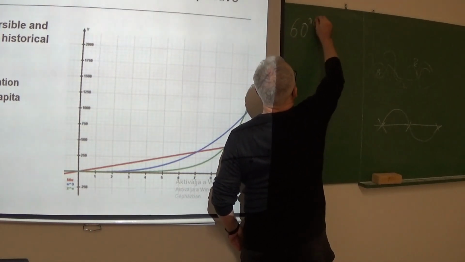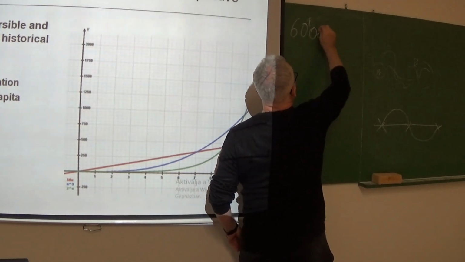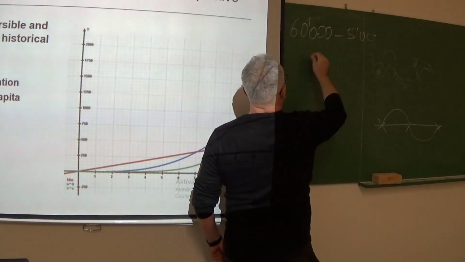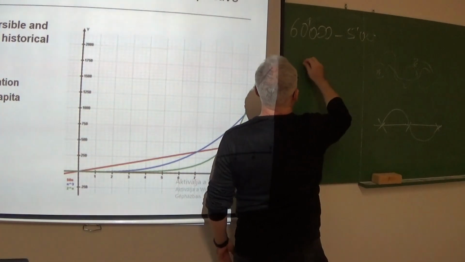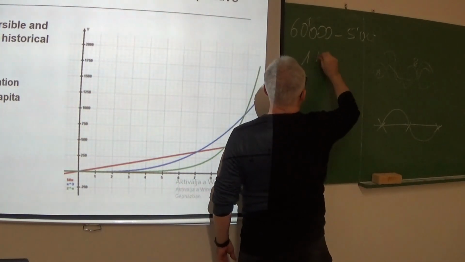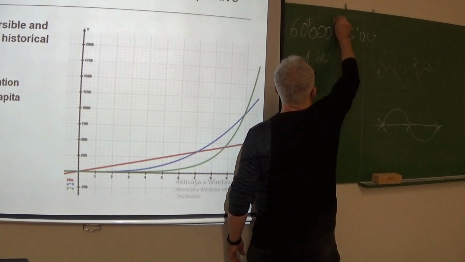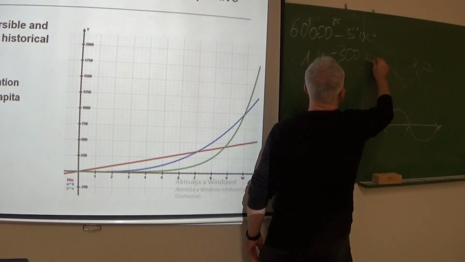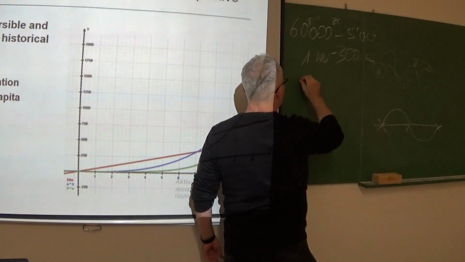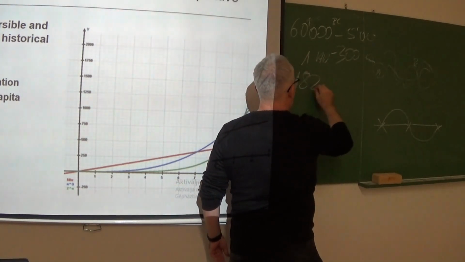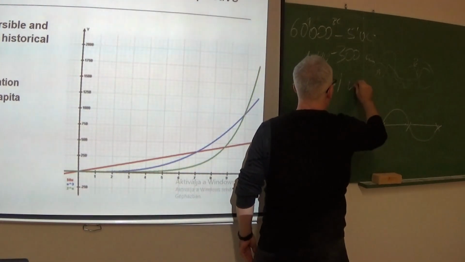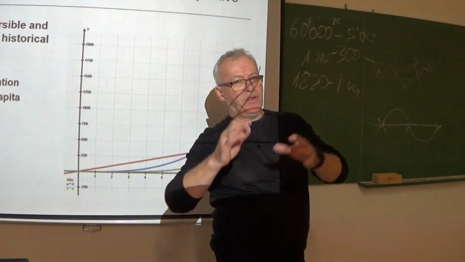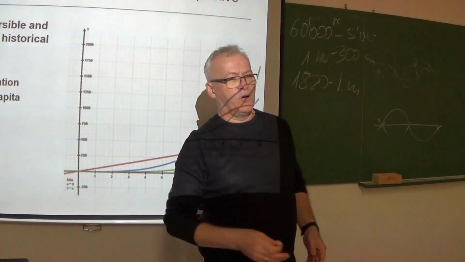60,000 years before Christ, 5,000. At the first Anno Domini, estimate 300 million. Approximately 1820, estimate 1 billion, using British English, more comfortable.